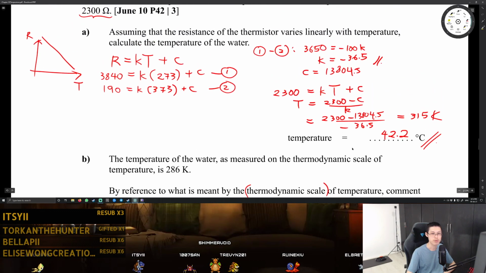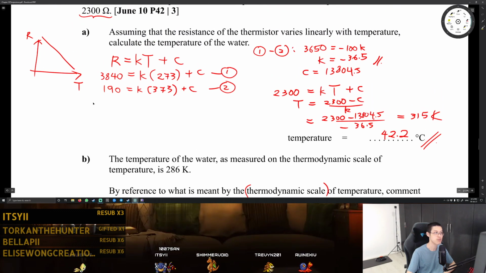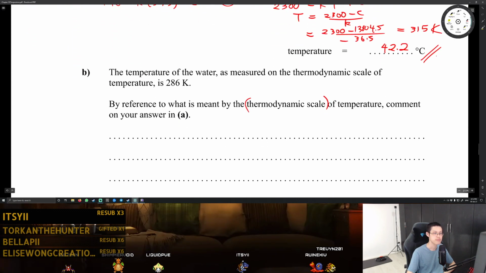So this temperature that we get here is dependent on the resistance of the thermistor. So it depends on the physical property of an object, aka the thermistor. But according to the thermodynamic scale, the true temperature that we measure is actually 286.